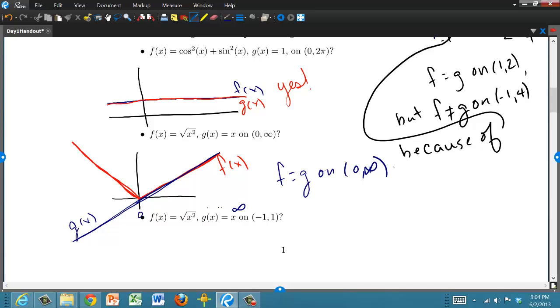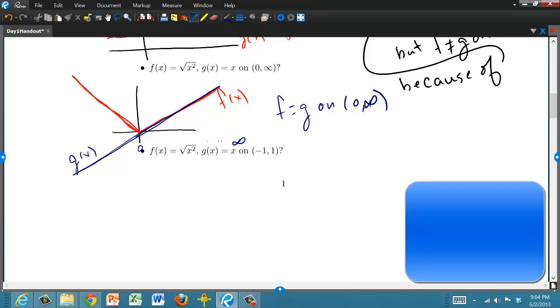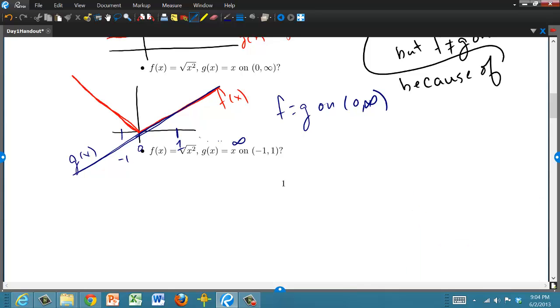So for a lot of numbers, they're the same. What if I ask about the interval -1 to 1, though? You can see that between -1 and 1, f is not equal to g, right? Over here, there are places where f is not equal to g. So f is not equal to g on -1 to 1. So they're not the same.